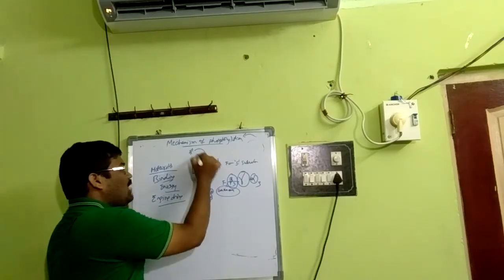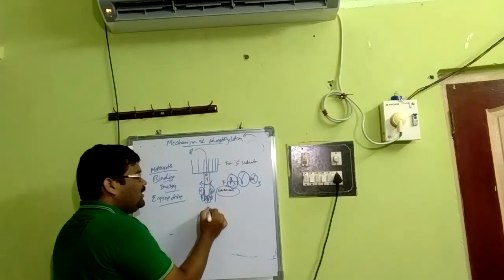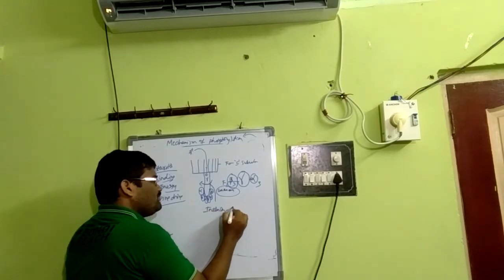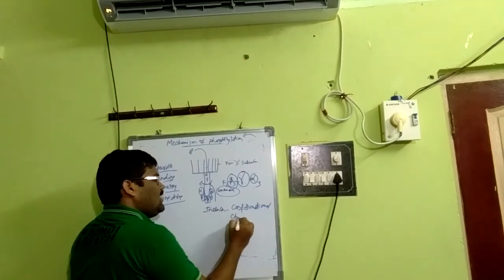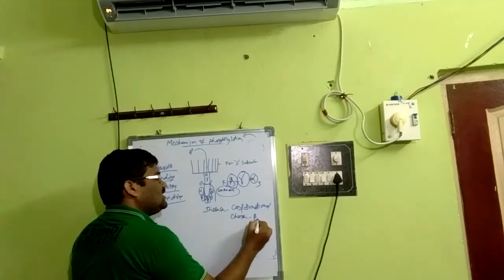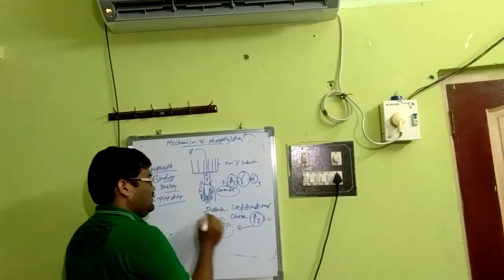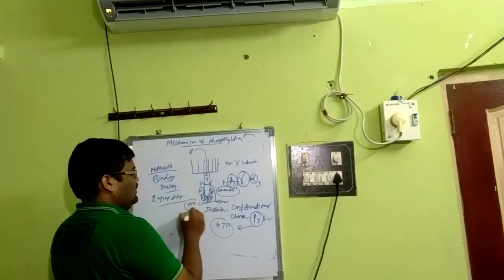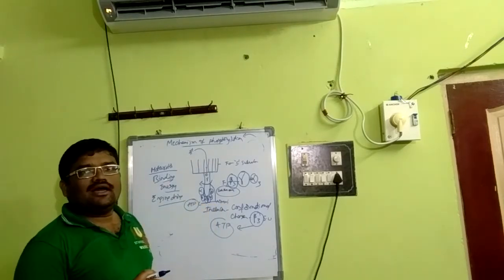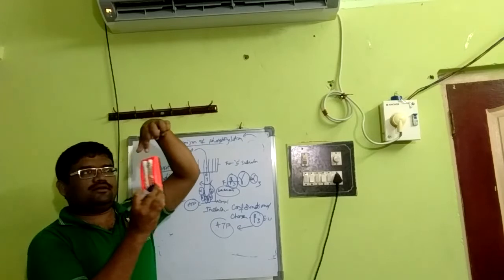The protons, when they enter the F0 part, rotate the gamma, and this gamma induces conformational changes in the beta 3 subunit that leads to ATP release. Say for instance, ADP plus Pi; for illustration, I am saying ATP. This is the F0 part and this is the gamma part.